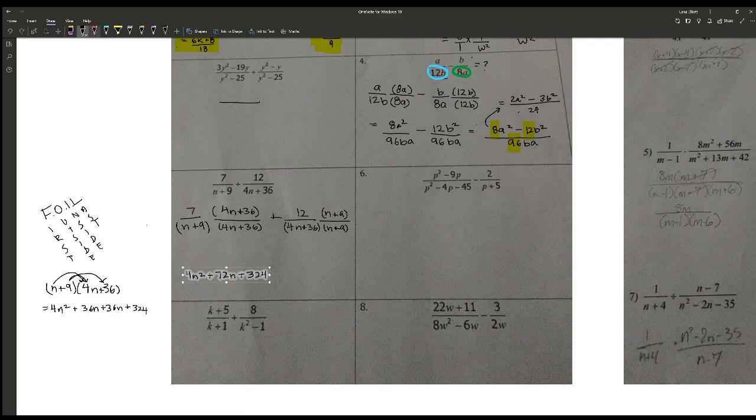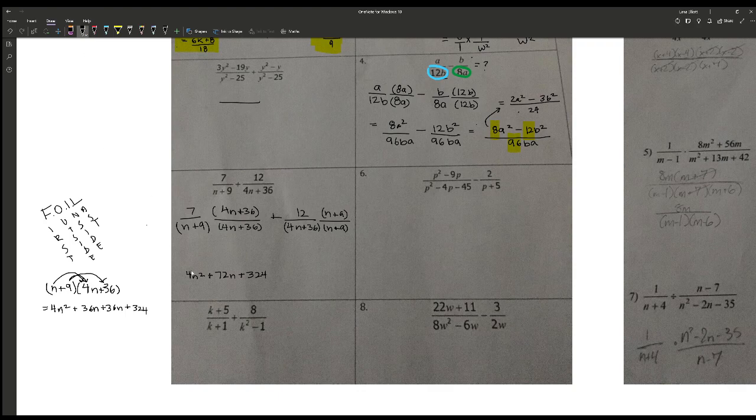Basically, it's not worth it to factor it out right now, because it would just become n plus 9 times 4n plus 36, or if you removed the 4 from the entire bracket, so you divided the bracket by 4, it would just become n plus 3, and the 4 would be outside of the bracket. So there's no point, really, in divvying it up like that.